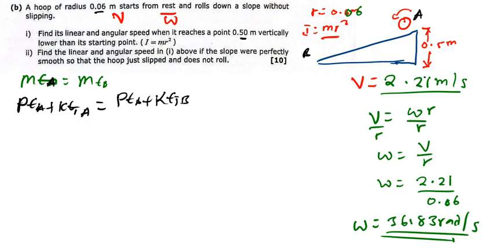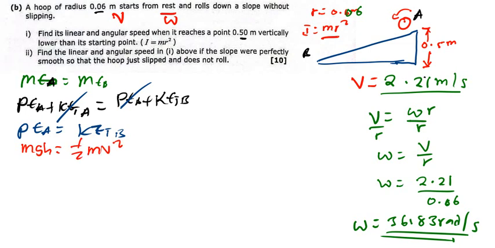At point A, I do not expect to have kinetic energy because it started from rest. At point B, I do not expect to have potential energy. So therefore, I'll end up having mgh being equal to half mv squared. m and m can cancel out.